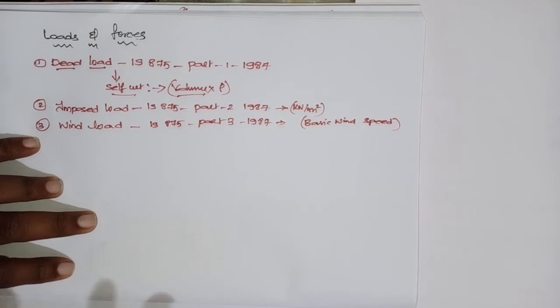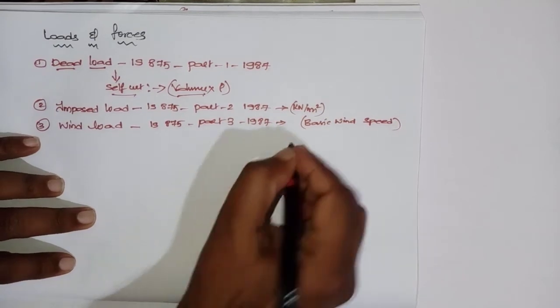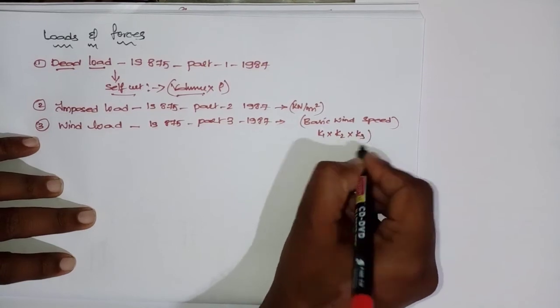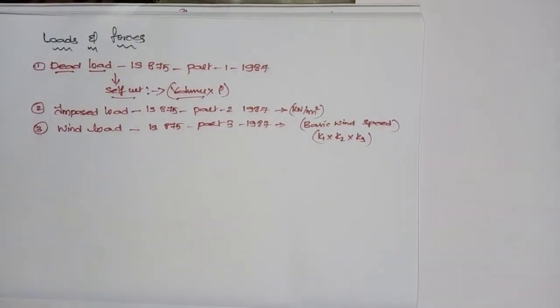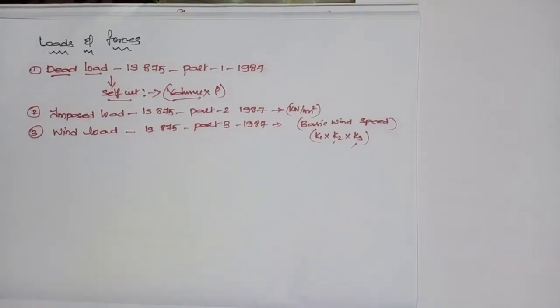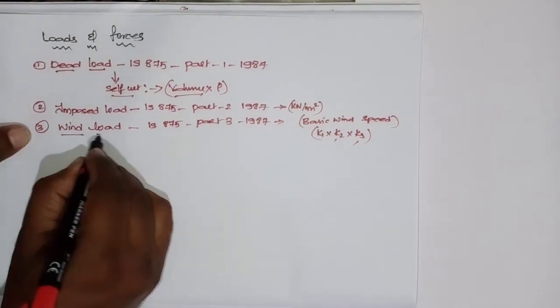Zones means areas with the same wind speed have been categorized into one zone. So you have to choose the zone in which your structure is going to be constructed. Then the basic wind speed is multiplied with the factors K1, K2, K3. These are the risk coefficient, terrain coefficient, and size and shape of structure coefficient, like that.